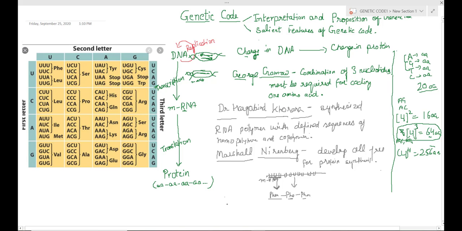The next important discovery in this field is of the Severo Ochoa enzyme, also known as polynucleotide phosphorylase.